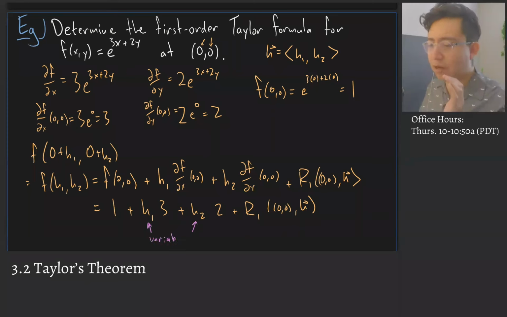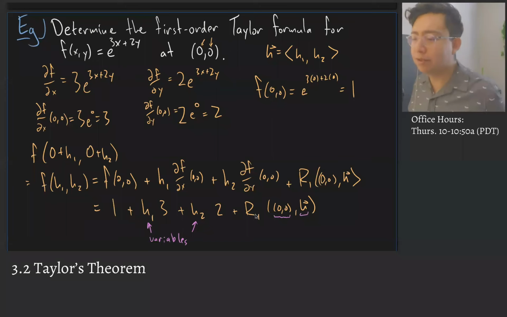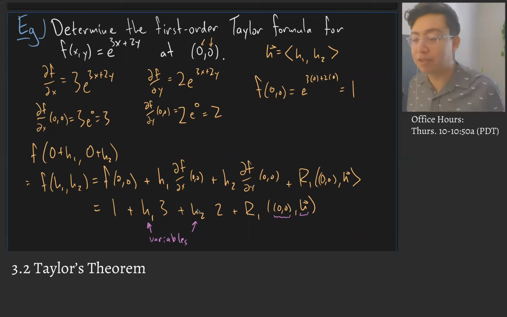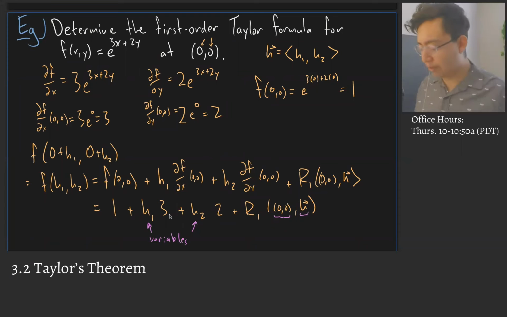And notice that r1 is actually a function itself, which depends on the point and the variable h here. So you can think of r1 as a variable, but it's also a function that depends on these other variables already.